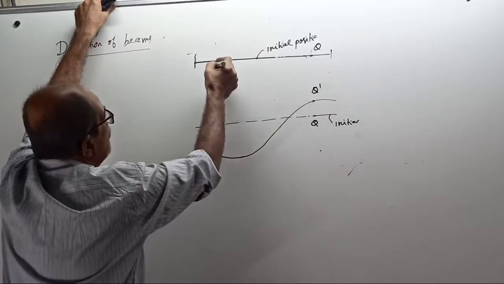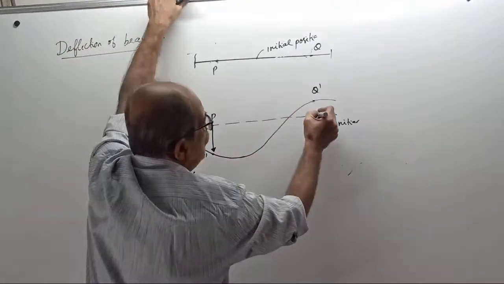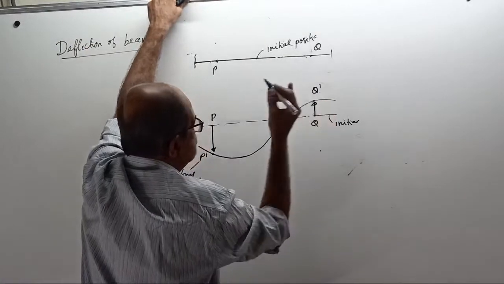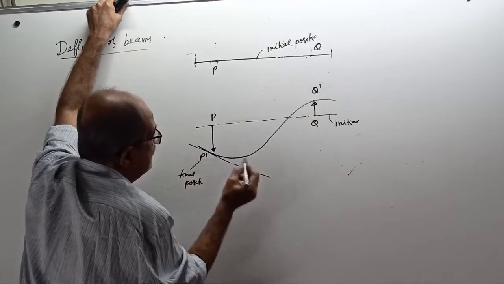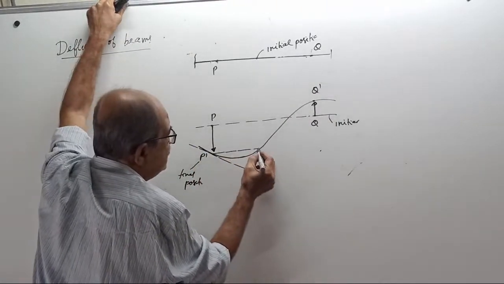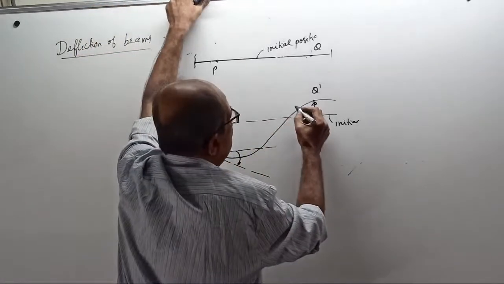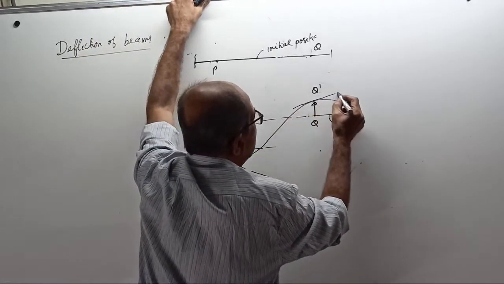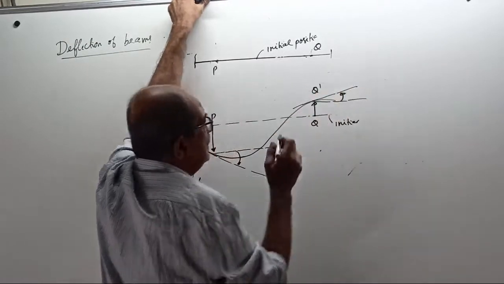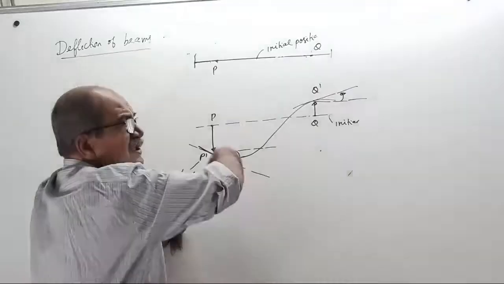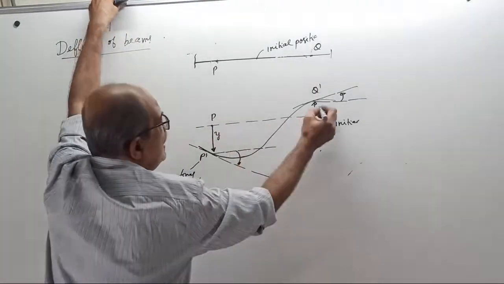From the initial position, it came down here, and here it went up. If I draw a tangent here, with the initial beam axis, it will rotate like this. Whereas if I take a tangent here, then with the axis it will rotate like this. This is called displacement, the vertical displacement y.